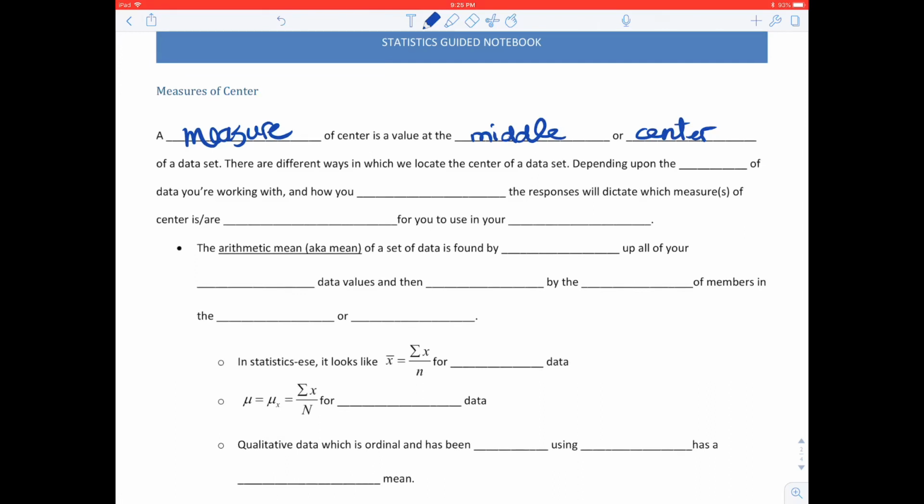So depending on the type of data you're working with and how you collect the responses will dictate which measure or measures of center is or are appropriate for you to use in your descriptive statistics.